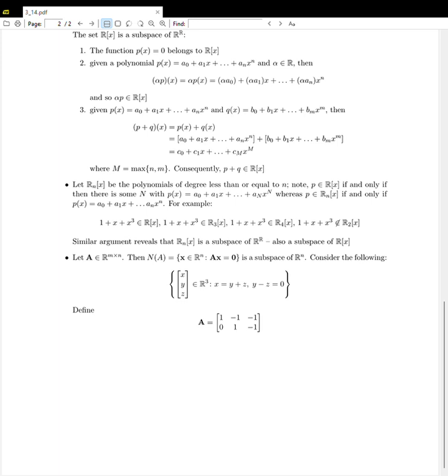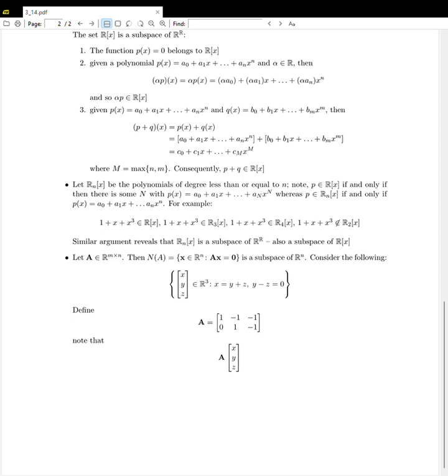Now, given any x out of R3, what happens when I multiply any element in R3 by this matrix? Let me rewrite it this way. Note that if we were to take our matrix A and multiply it by any vector out of R3, and let's take our elements out of R3 to be the vectors x, y, and z, well, let's do out that matrix multiplication.